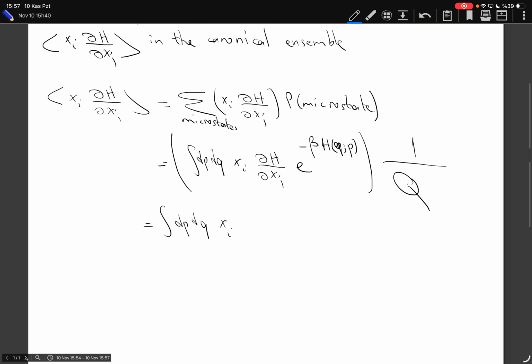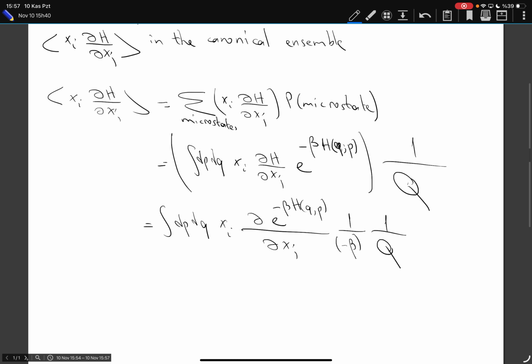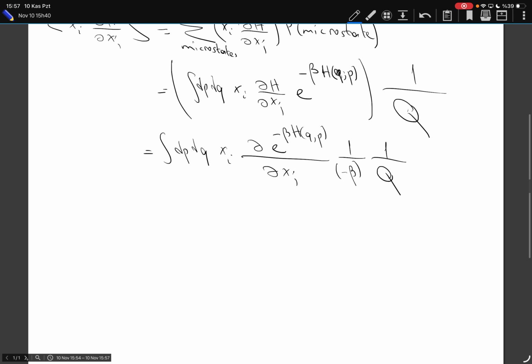Well, I can write that derivative of the Hamiltonian as the derivative of the exponent with respect to x_j. The derivative of the exponent is the exponent itself multiplied by the derivative of whatever is in the exponent. Well, there is an extra factor of minus beta, so let me divide by minus beta. Now I will do an integration by parts.